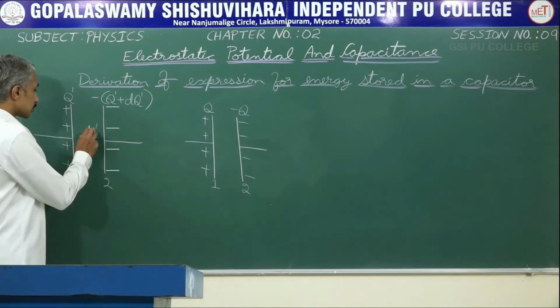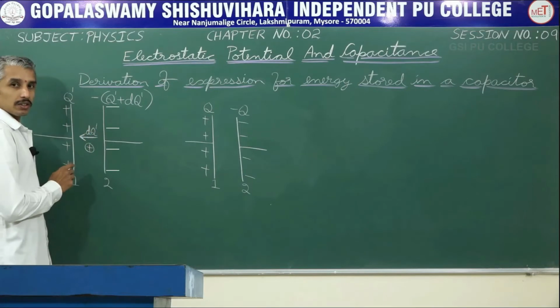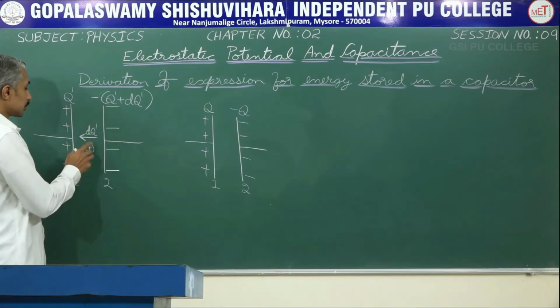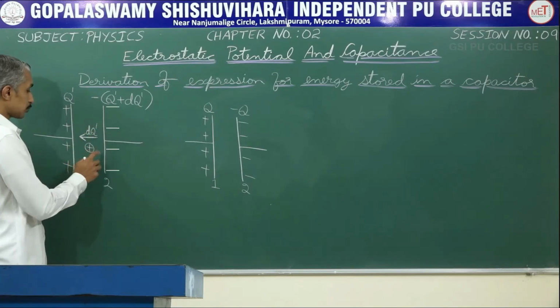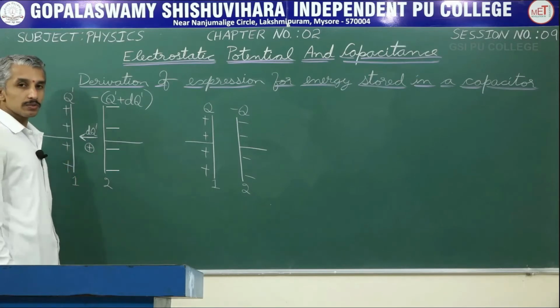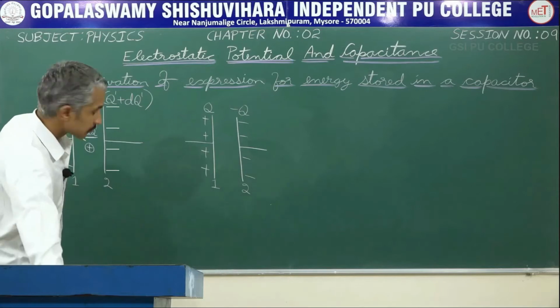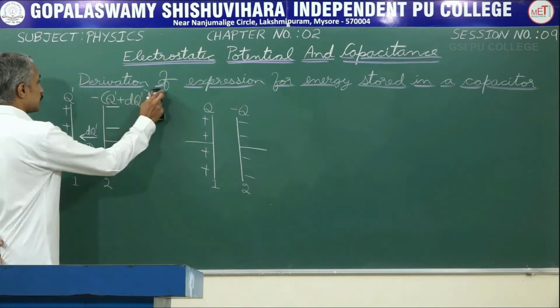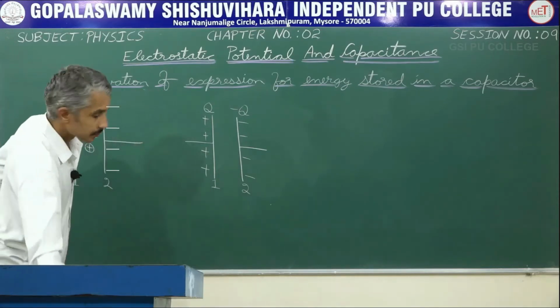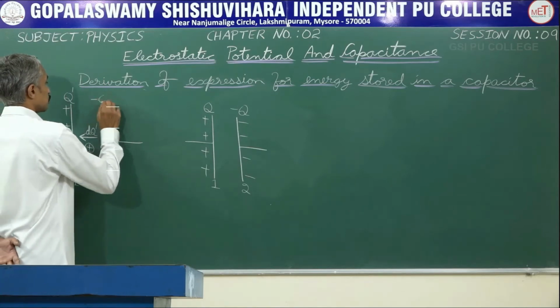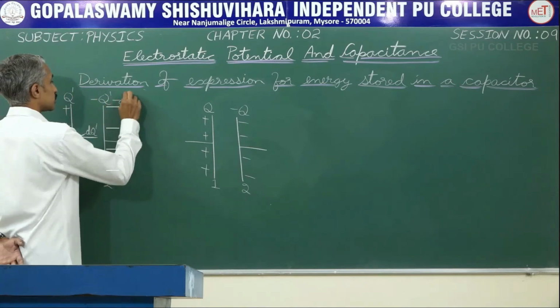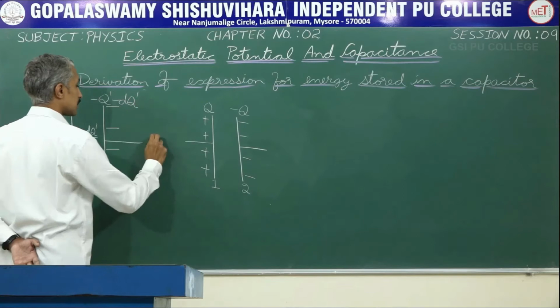So if we calculate the work done in moving a small charge dQ dash from plate 2 to plate 1, then we will get the energy stored.